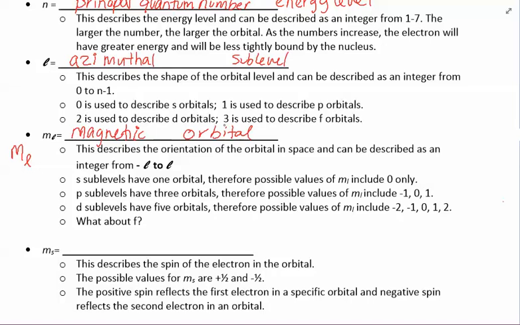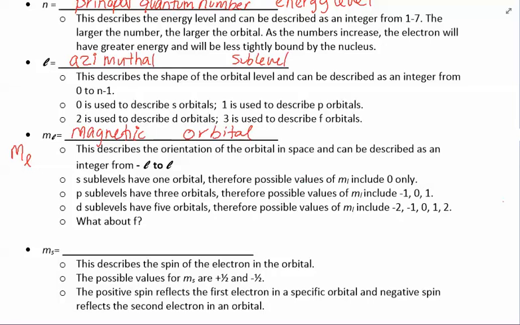For example, in the S sublevel, which we would describe as the term 0, the m sub l, or the magnetic quantum number, is only 0. For the P sublevel, we have 3 orbitals, so we go from -1 to +1.